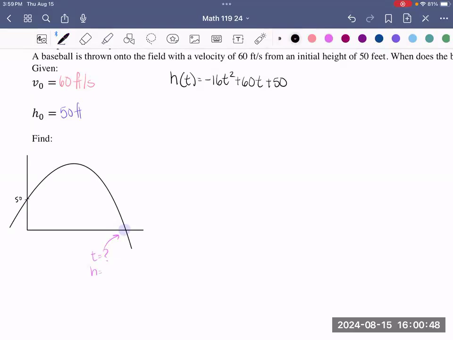Well, if this is the ground, H should be 0, right? So this being T, we're solving for T, we're trying to find your x-intercept, something that we did at the very, very beginning of class. So we have 0 for your height.